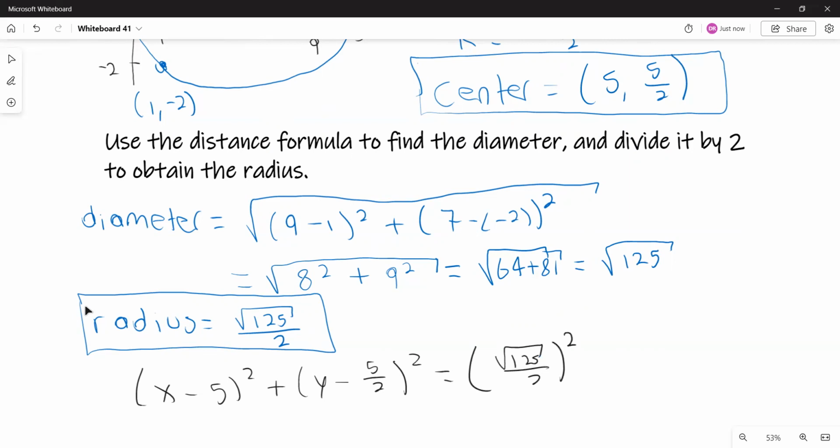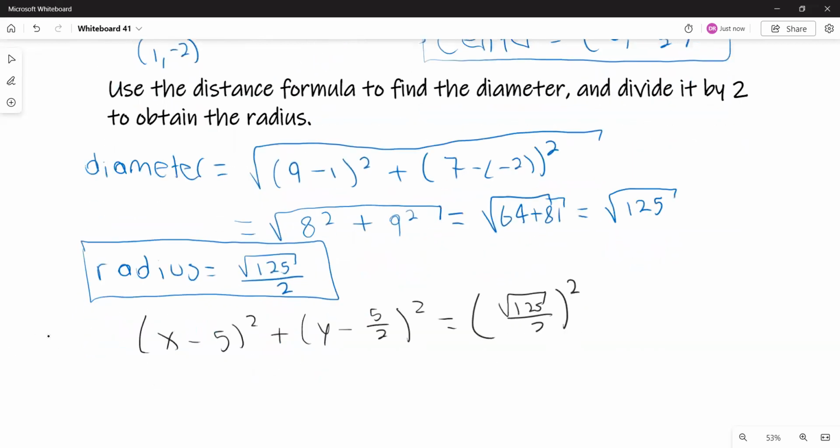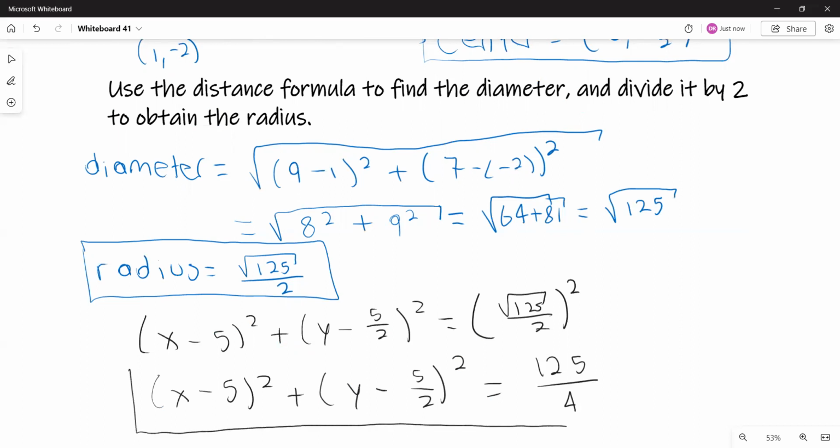And finally, square both sides. The equation of the circle in center radius form is x minus 5 squared plus y minus 5 halves squared equals the square of the square root of 125 is 125, and 2 squared is 4. So this is the equation of the circle. Thank you for listening.